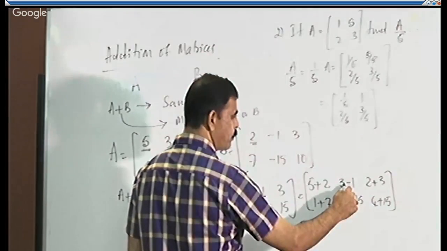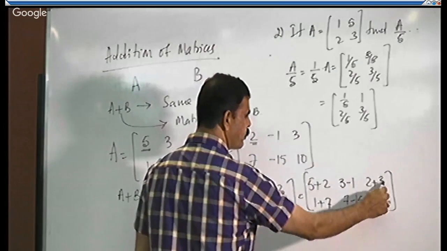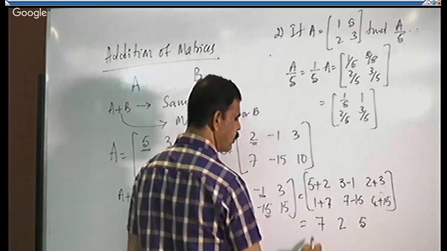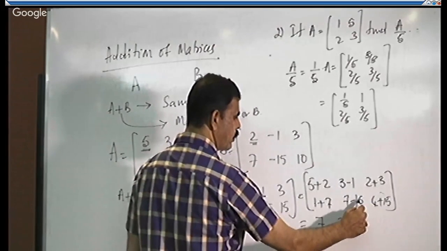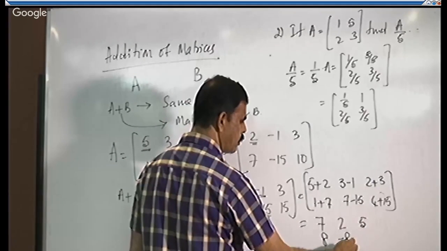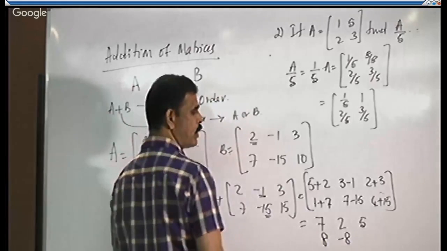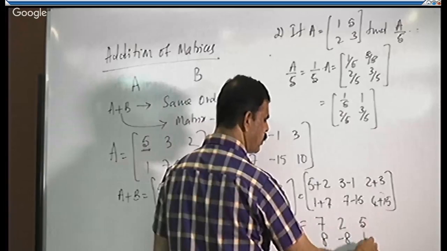The sign of the bigger element is plus. 3 minus 1 is 2. 2 plus 3 is the same sign. Add them. Same sign, add them. Opposite sign, take the difference. The difference is 8. What is the sign in the answer? -8, because we have to take the bigger element's sign in the subtraction. 4 plus 15 is 19.